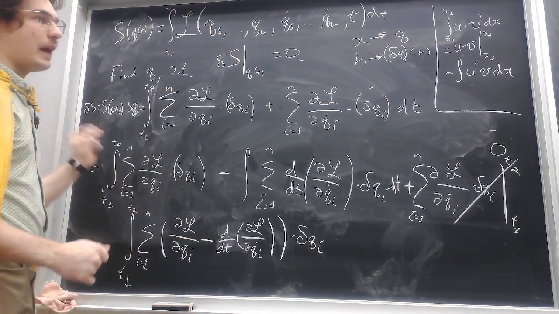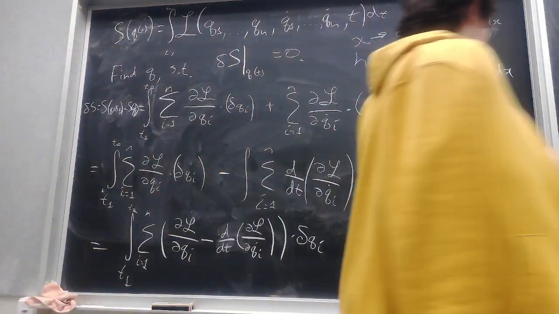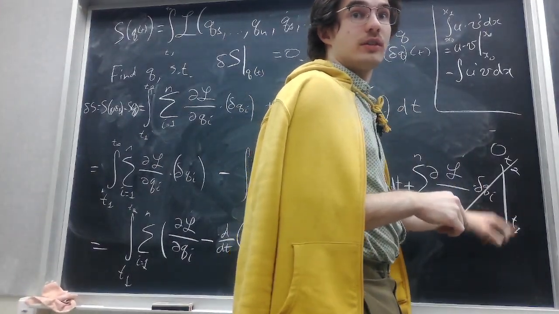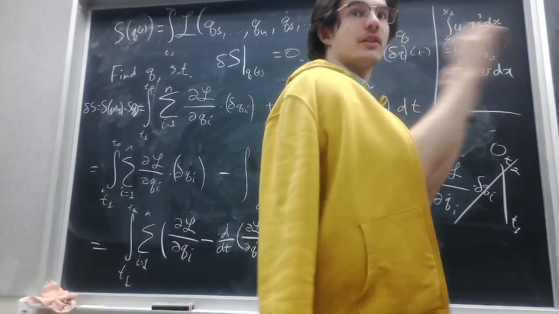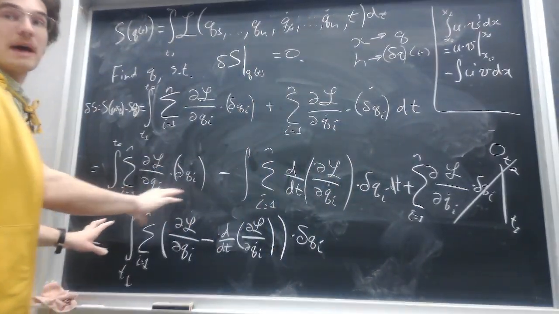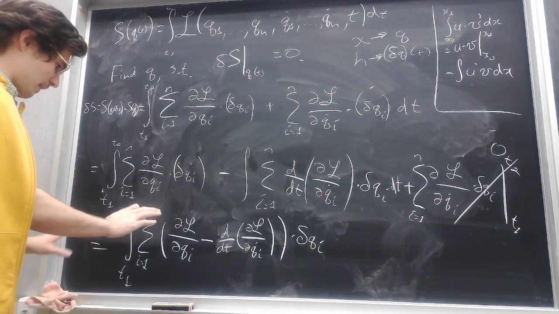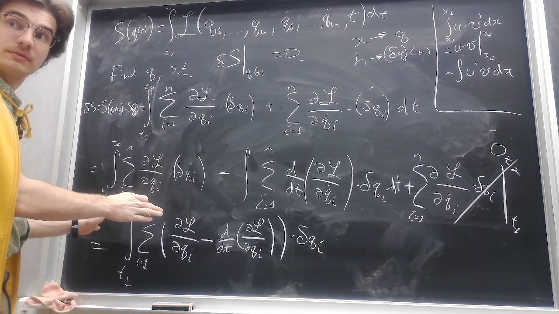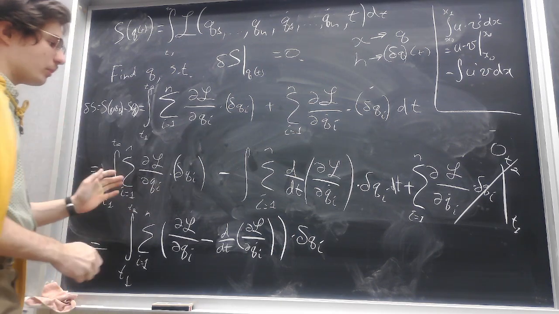So we added this extra assumption that delta Q has to go to 0 at T1 and T2. This is the physical assumption that we added in, and then everything else was just math, like before. And we arrived at this equation. And now we want to set this to 0.